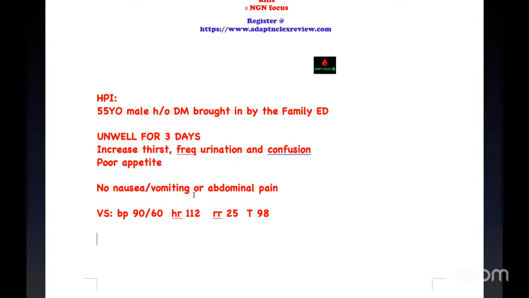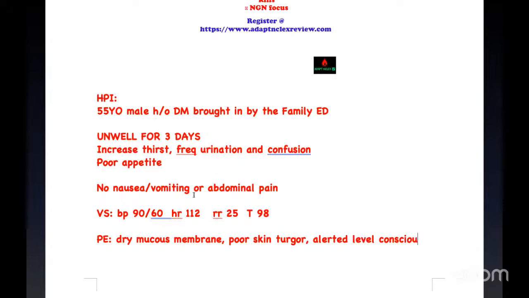On the physical exam, he has dry mucous membranes. Does that give you a clue? It should, right? Dry mucous membranes. The skin has poor turgor. I'm giving you all the things you need to know, right? And he has an altered level of consciousness.